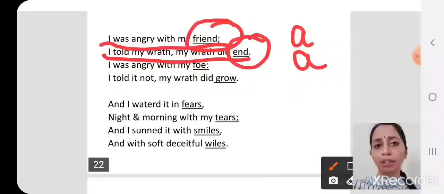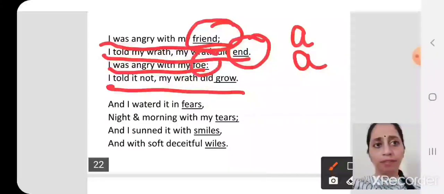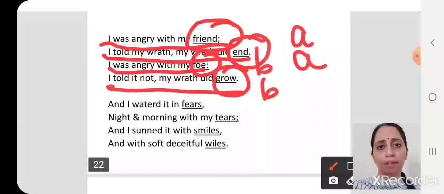Moving on to the next line. I was angry with my foe, I told it not, my wrath did grow. This line and this line, again, two lines are completing one thought. And look at the last words, foe, grow. So we'll denote it B. Clear? Moving on to the next stanza.